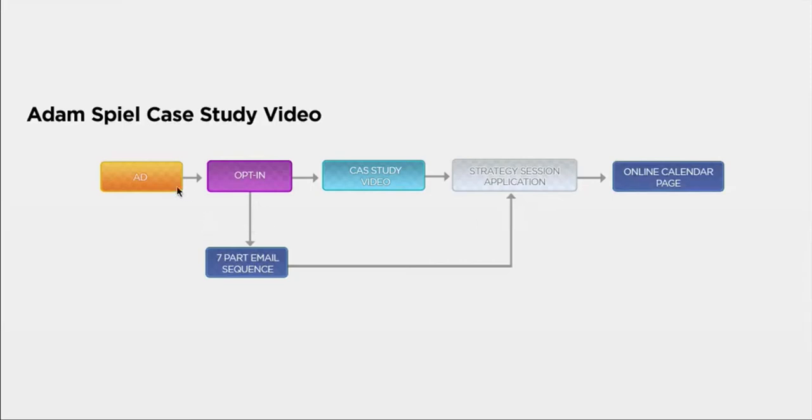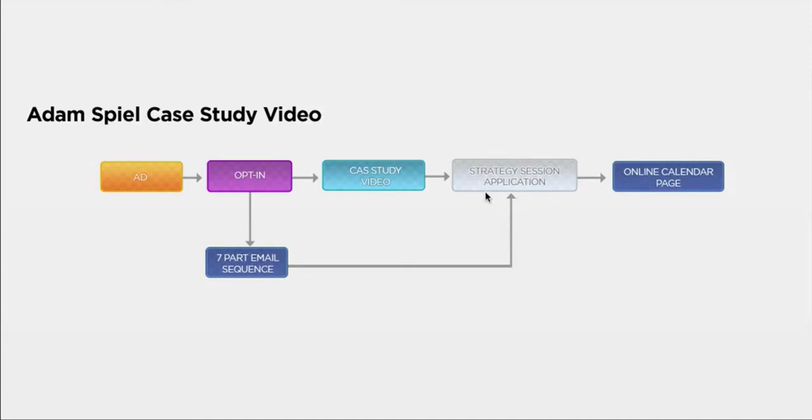The metrics that we're looking for in this funnel are: we're trying to get people to opt in for less than $5 per opt-in, and then you're trying to achieve a 5% conversion rate on your case study video. So if you get opt-ins for $5 or less, and you get a 5% conversion rate on your case study video of people who watch this and actually apply, then you should be between $100 and $150 per strategy session application.